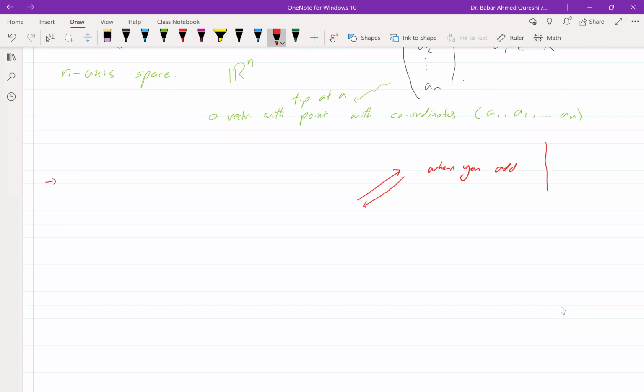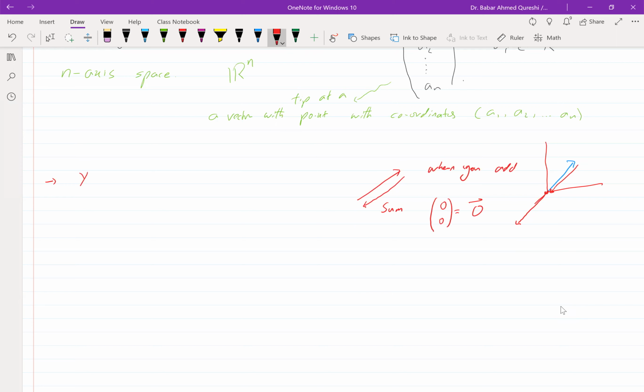So if I start from this point, this is my vector, and I consider the vector in the opposite direction and add them, the head to tail rule tells me that I come back to the 0, the origin of the axis. So that vector, the sum where you are not moving anywhere, you are getting this vector back. This vector is called the 0 vector.